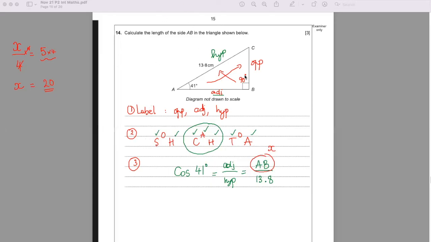So to work out X, you just write down X equals 13.8 times cos 41. Or cos 41 times 13.8, it would be the same. Okay, and just work that out.